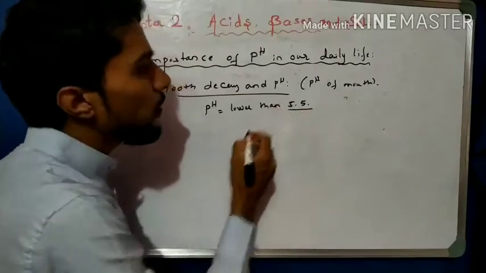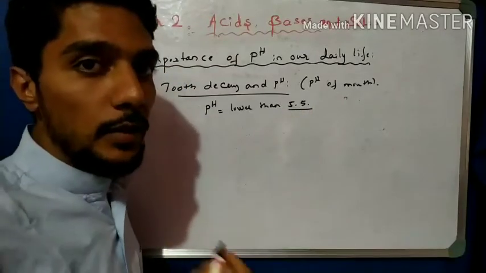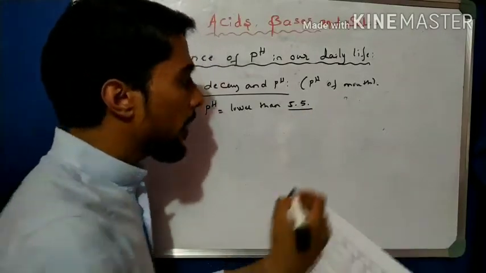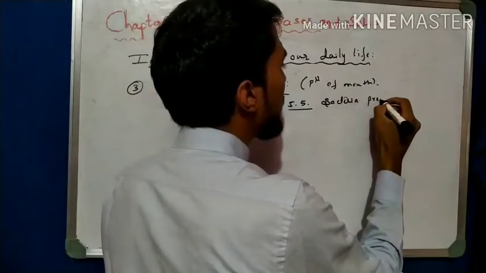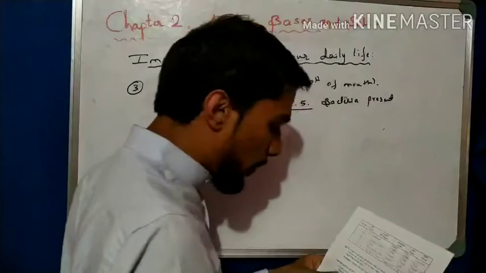So how does this pH value decrease here? What is the reason behind this? It is because of the bacteria present in the mouth.